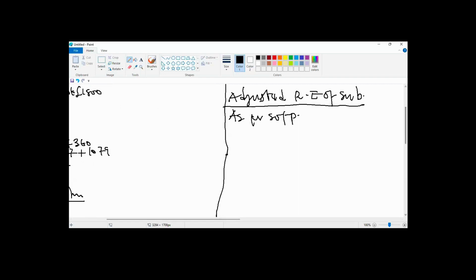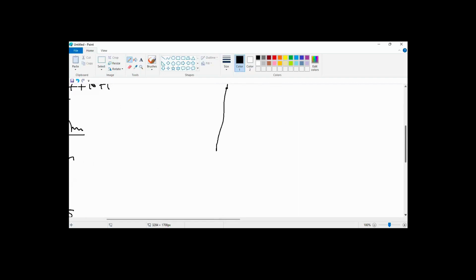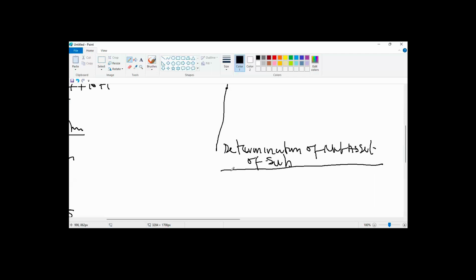Determination of net assets of who? Subsidiary. I will say items, date of acquisition, date of consolidation and post. I need the goodwill.